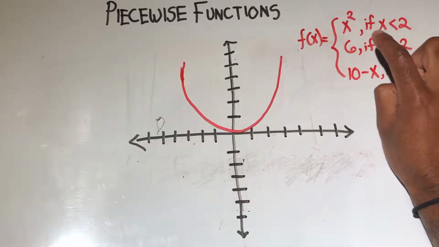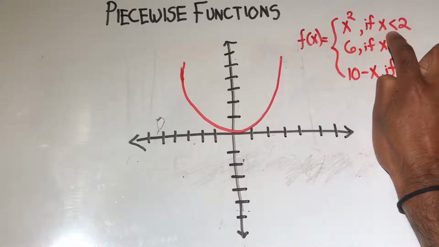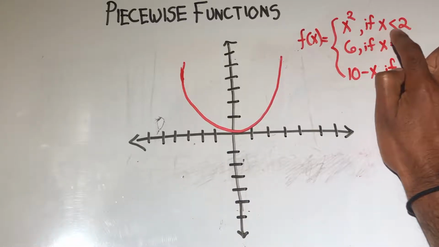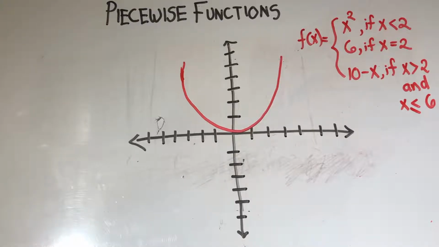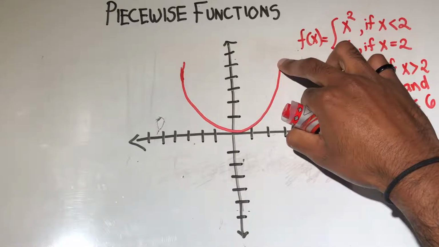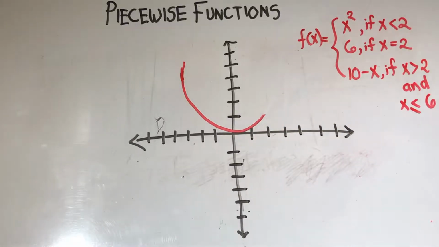Now we know that the function ends at 2. Since the function ends at 2, we won't be needing all this. But where exactly does it end?